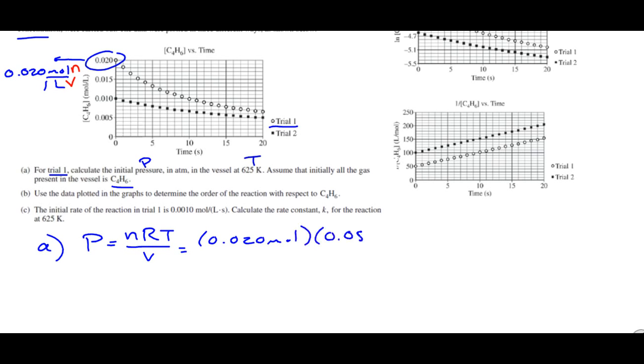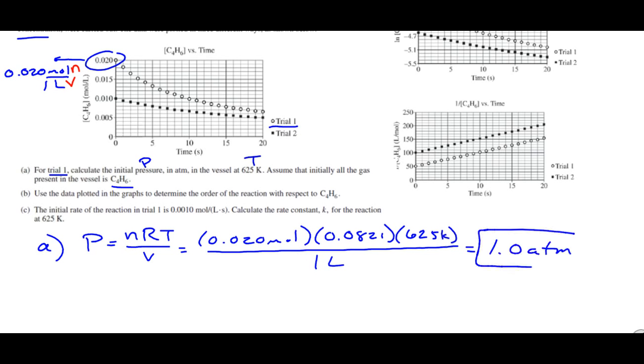Put in my R value. Put in my T. And my volume is just going to simply be 1 liter. And what a nice number this gives me. 1 ATM. And that'll be 2 points, 1 for the setup, 1 for the correct answer.